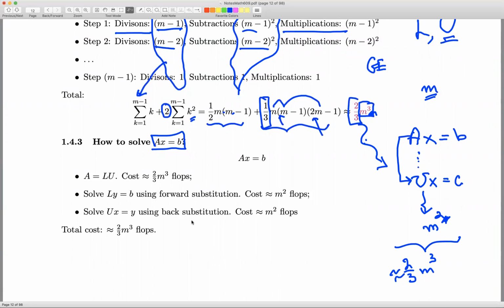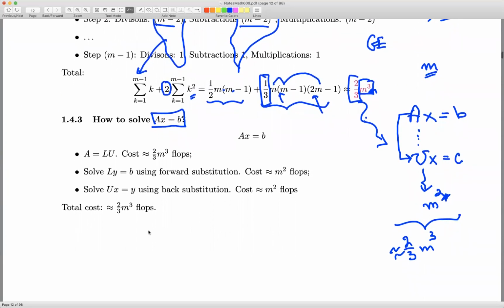So this can be done. The problem is the following, or not the problem, but there is a little caveat. And the caveat consists of the following.